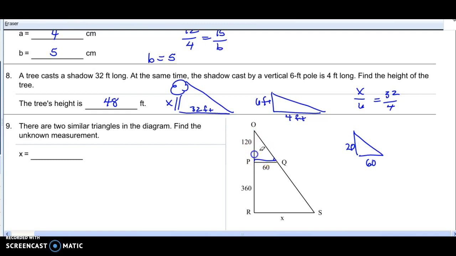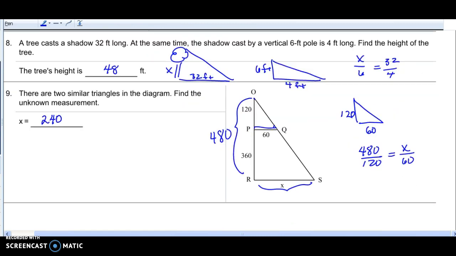Then I have the big triangle where this side is x and this side would be 120 plus 360, which would be 480. So I have enough to do my comparisons. 480 is to 20 as x is to 60, and you can solve that for x. Should get x equal to 240.